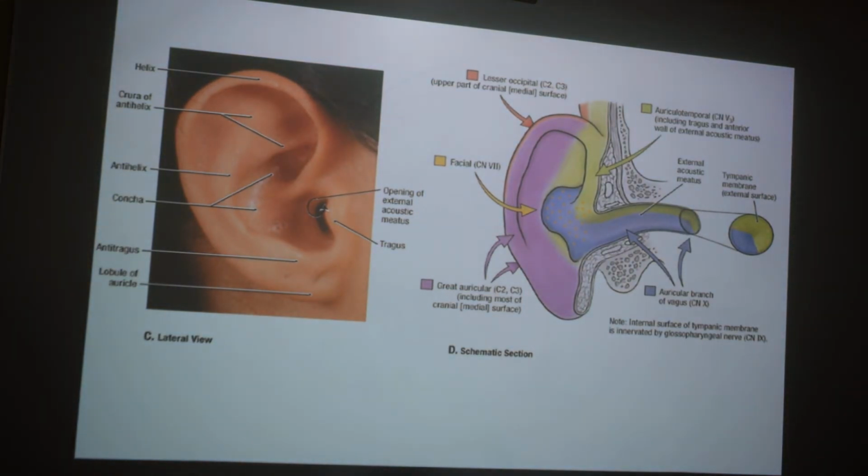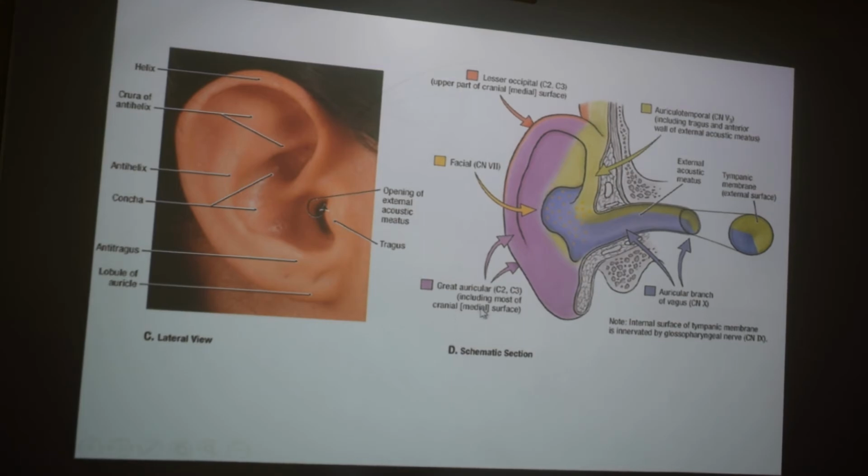Okay, now what we are going to show you here is the nerve supply. For the nerve supply of the external ear, you should know that there is a cranial surface of this ear. So this is the cranial surface and this is the lateral surface. The cranial surface, which is on this side of the ear, is basically supplied by the greater auricular nerve.